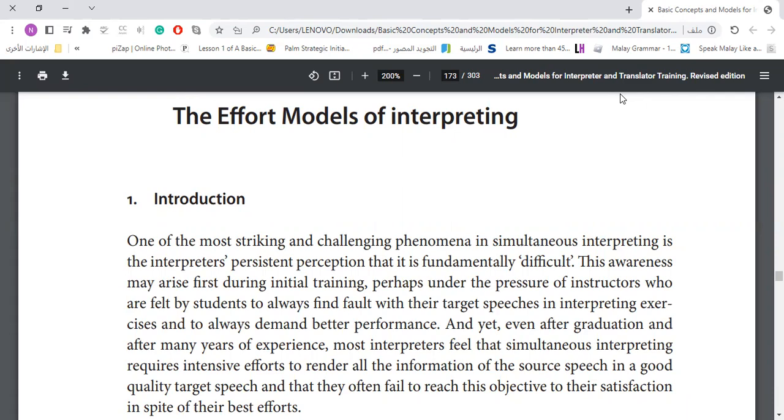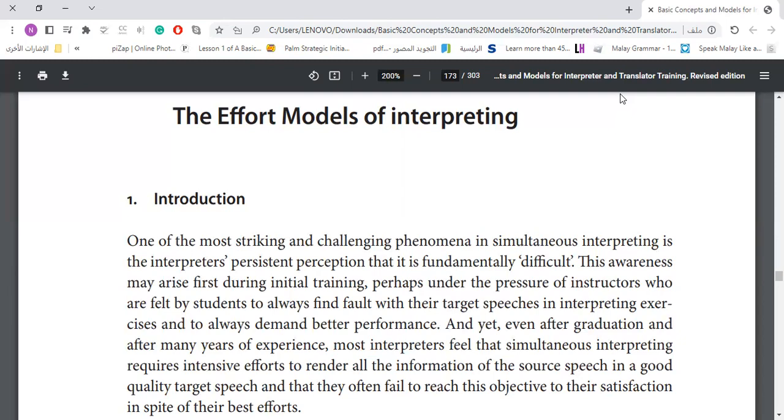When we first classify interpretation into degrees of difficulty, most of the students say that simultaneous interpretation is the most difficult. This is both correct and incorrect at the same time. Simultaneous interpretation is not difficult, but it requires more effort.